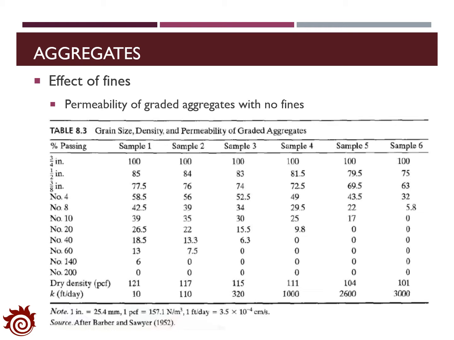For example, for the sample 1, the percentage passing number 10 sieve is still 39%, while the permeability is only 10. However, by removing all the small particles which can pass number 10 sieve, the permeability can be increased from 10 to 3000 for the sample 6.